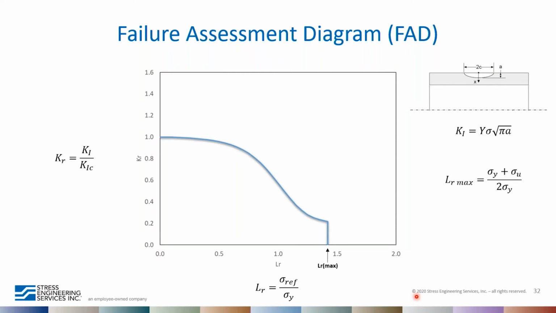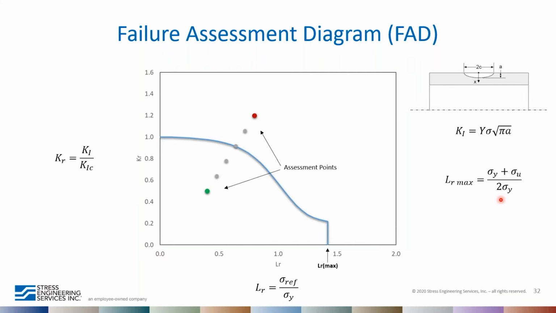Okay, so you'll notice in this case that the ratio at max LR is not 1, it's actually greater than 1. And the reason for that is because the LR is determined based on the average of the yield and the ultimate strength, because we're really looking for a collapse capacity at this moment.